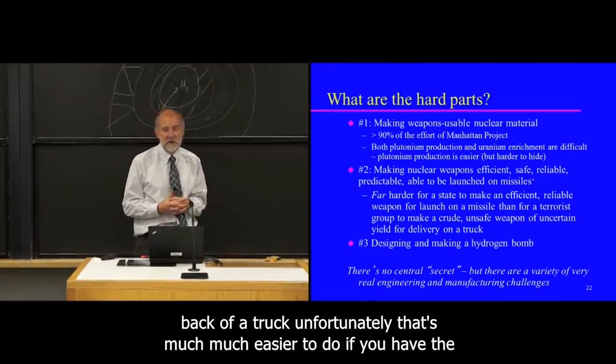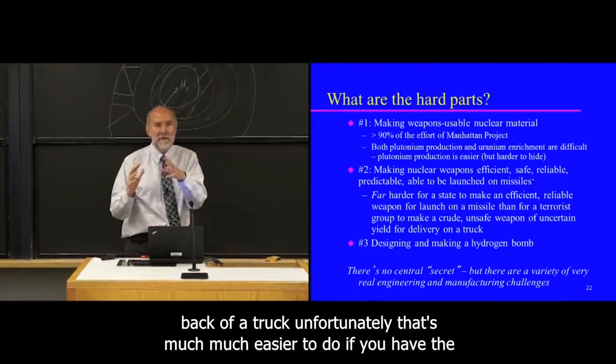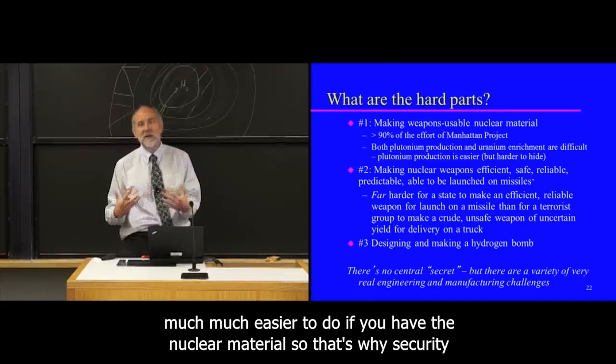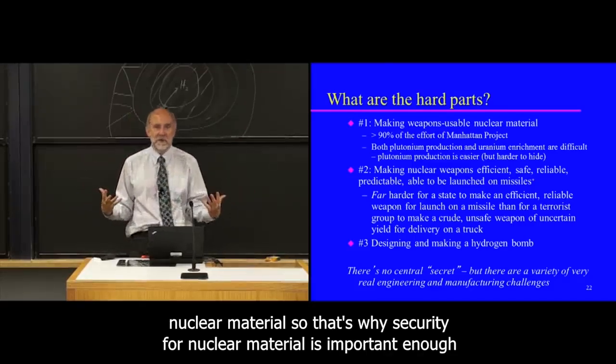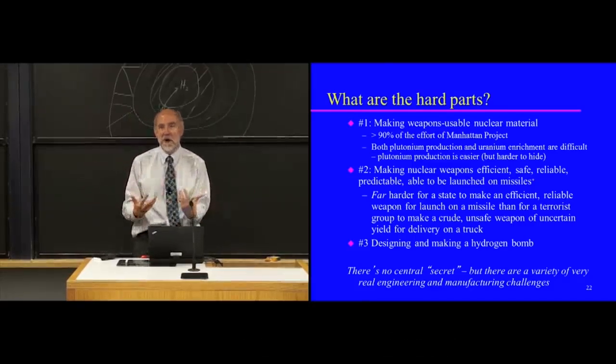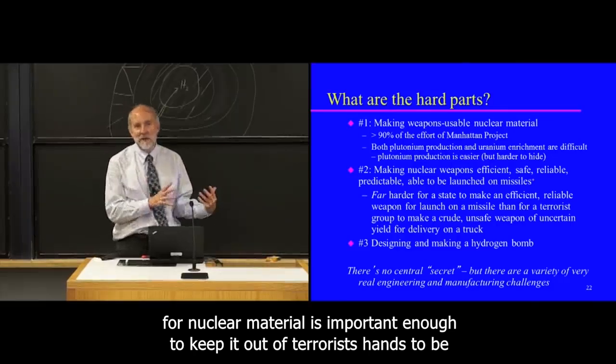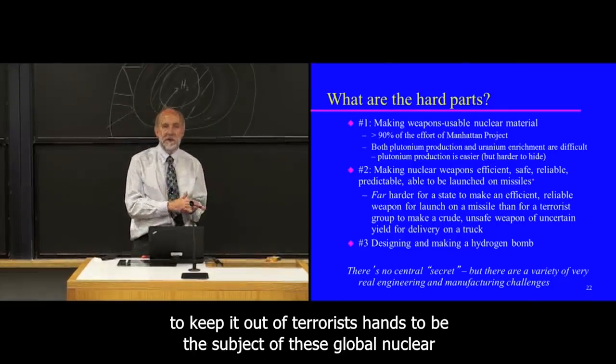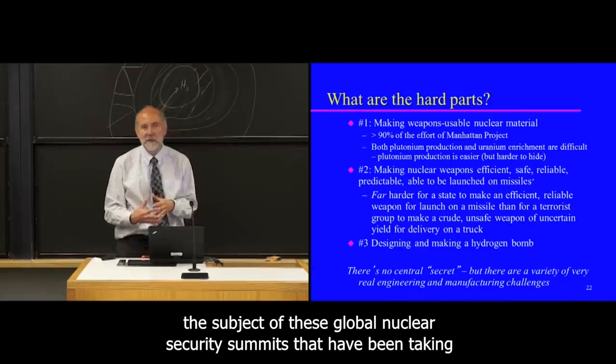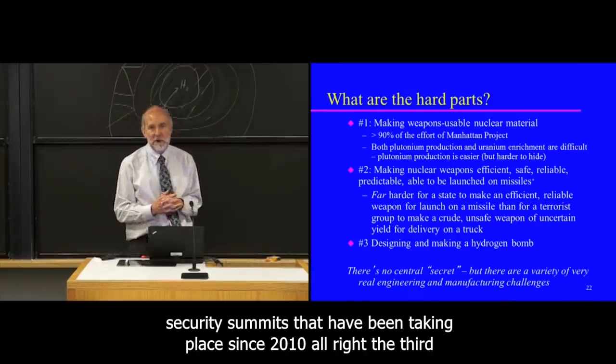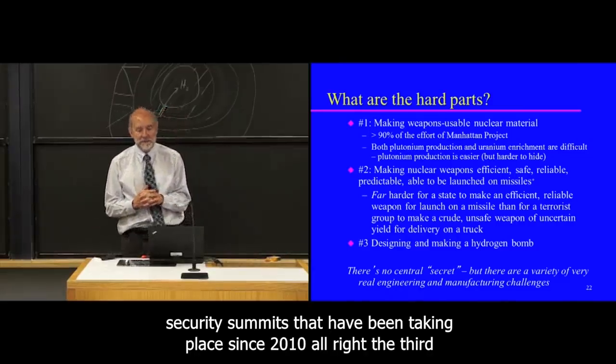Unfortunately, that's much, much easier to do if you have the nuclear material. So that's why security for nuclear material is important enough to keep it out of terrorist hands, to be the subject of these global nuclear security summits that have been taking place since 2010.